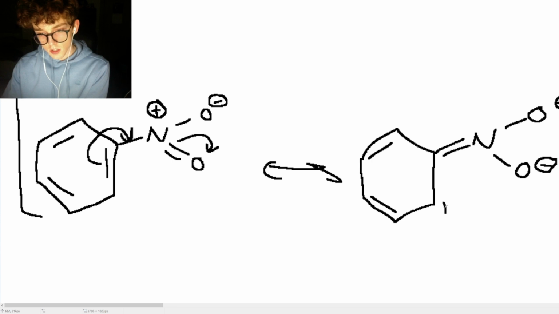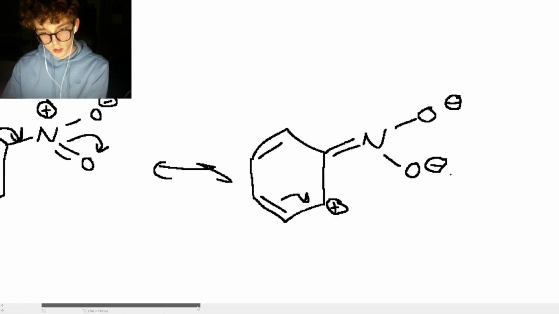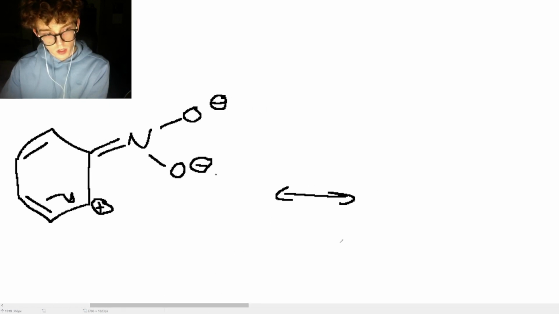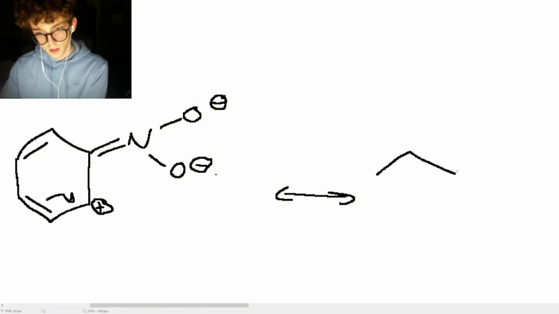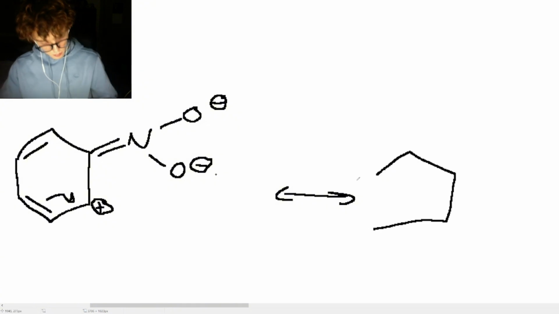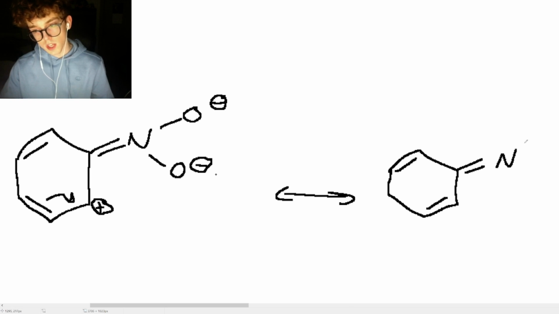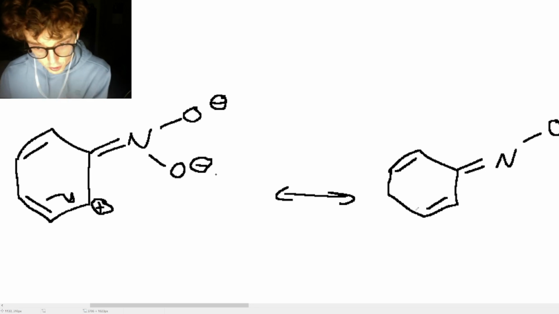So we can see that it's going to pull electron density by resonance, because then these pi electrons will go here. Oops, like this. Notice how the meta, and this isn't important to know, notice how the meta positions do not feel any positive charge.